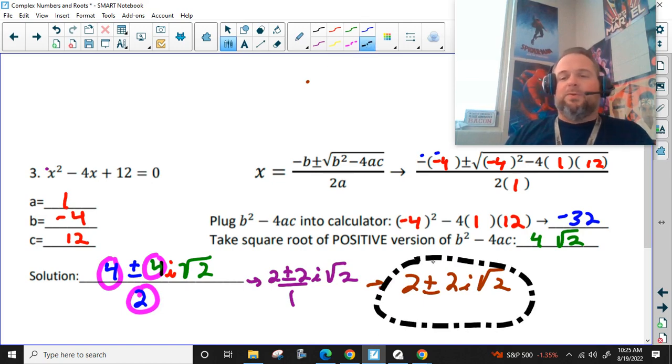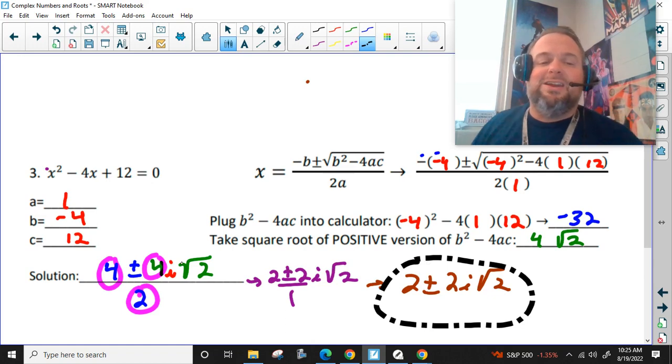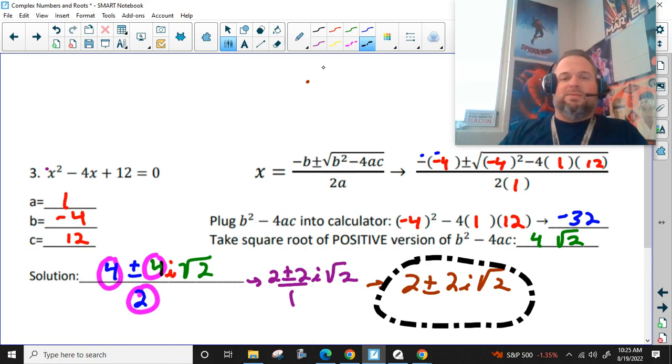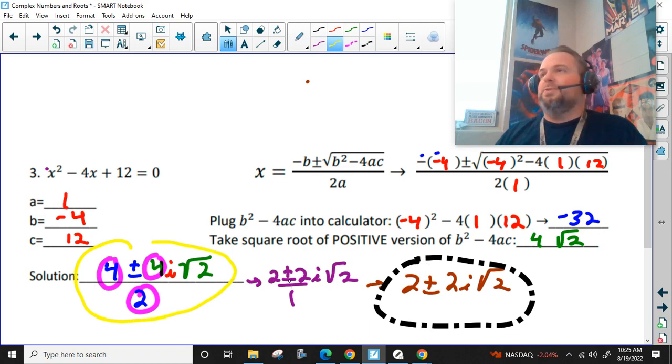I've told people before, if you get this multicolored answer right here and you don't reduce it, I only take off 1 point. Now, if you're lost on how I went from the multicolor to the brown, don't worry about it.